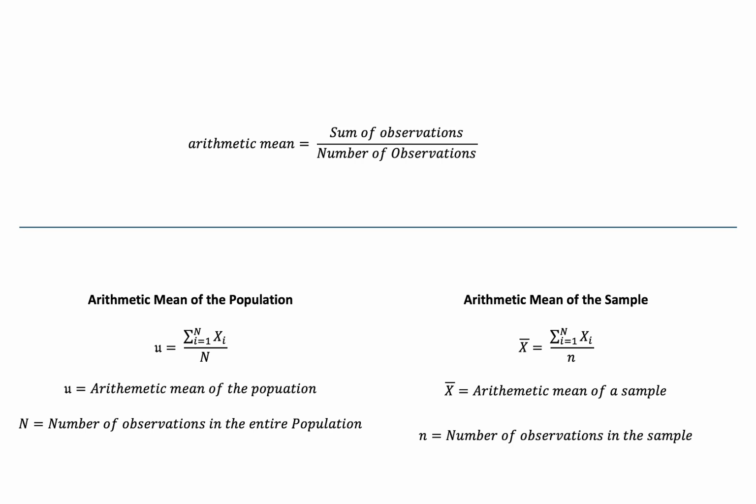Whereas the arithmetic mean of the sample is essentially the same thing with different variables here. So x bar means the sample, whereas mu was the population. And then small n indicates the number of observations in that sample.